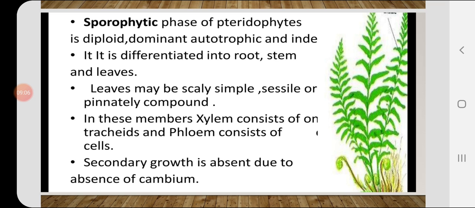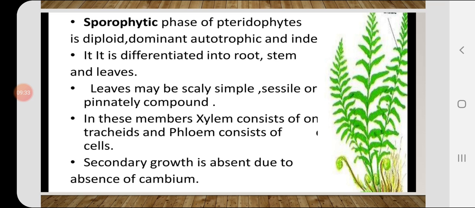The sporophyte is divided into root, stem and leaf. Leaves may be scaly, simple, sessile or pinnately compound, depending on the species.